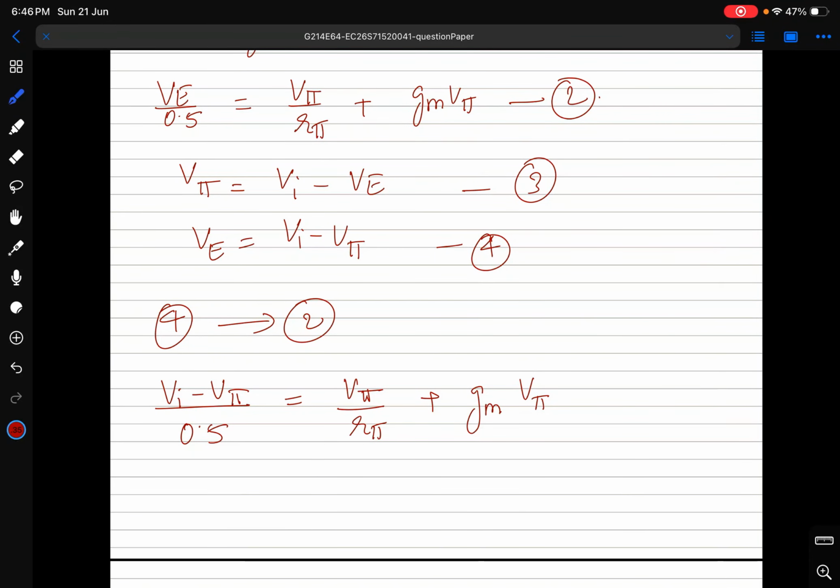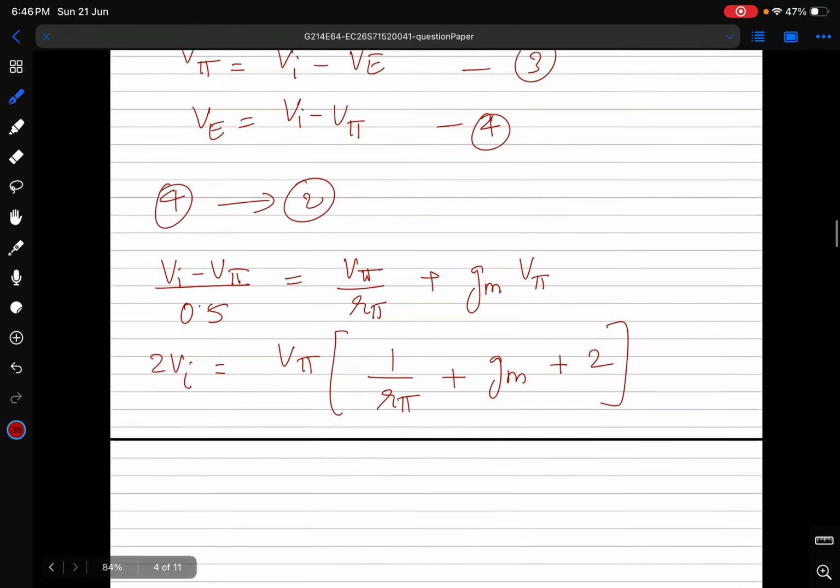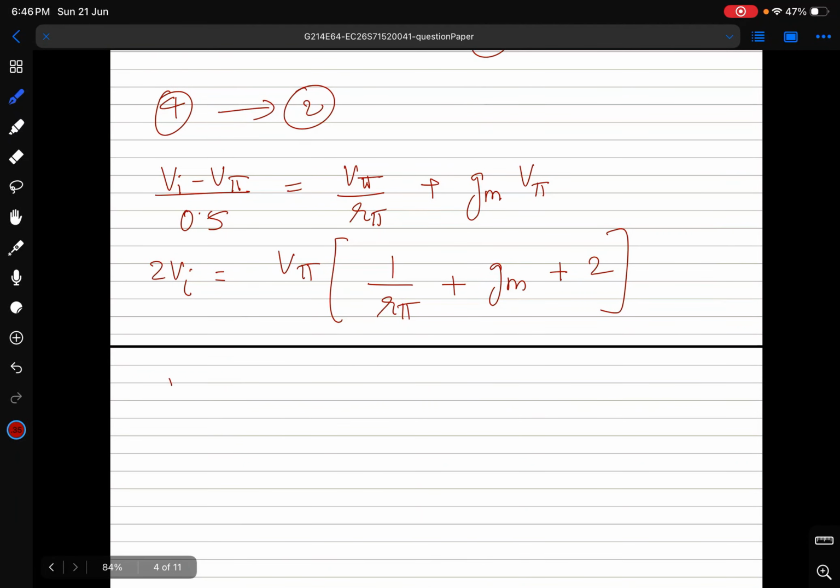So let's make the similar terms together. So this will be 2 Vi equals to V pi times 1 by R pi plus GM plus 2.